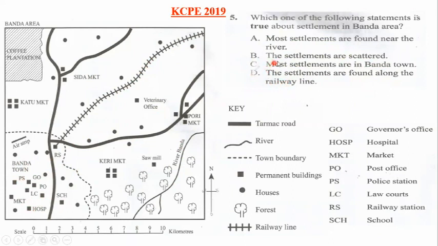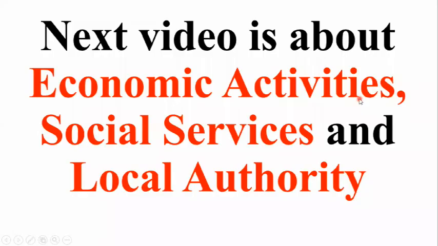Now, the settlements are scattered. Here they are not scattered. Most settlements are in Banda town. Correct. So we can say that is the best answer for this question, because here they are not scattered and there are more people than in other areas. These ones are here and there. So that is the best answer.